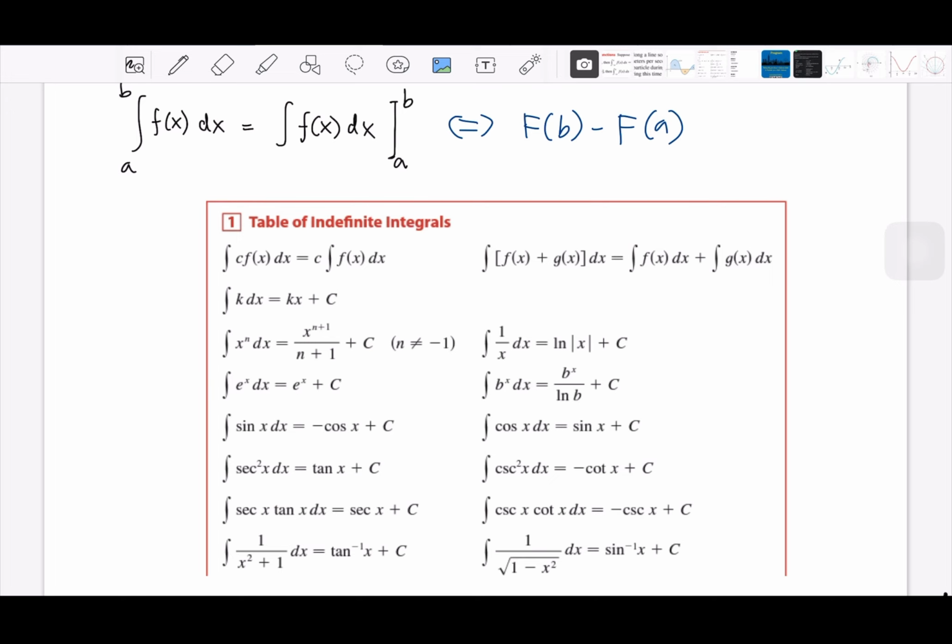Because when we derive this, it can be 1 over x, or it can be negative 1 over x. The derivative is the same for ln x, and the other one is also the same graph. So don't forget the absolute value to make sure that it's positive.